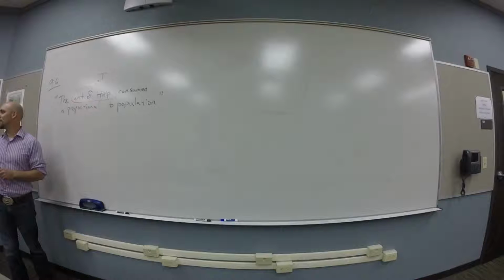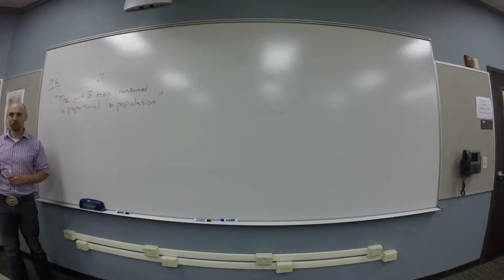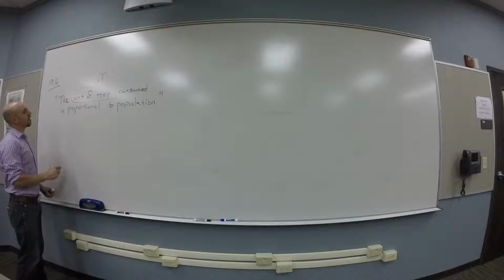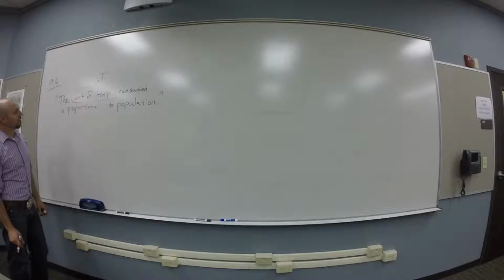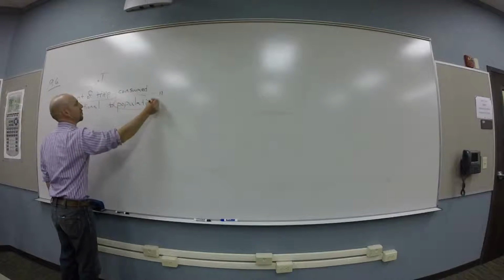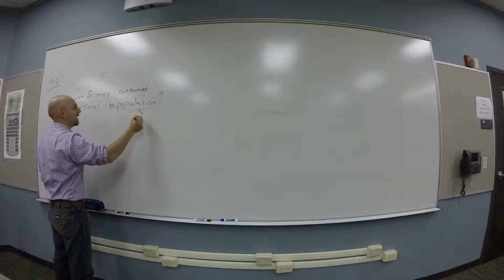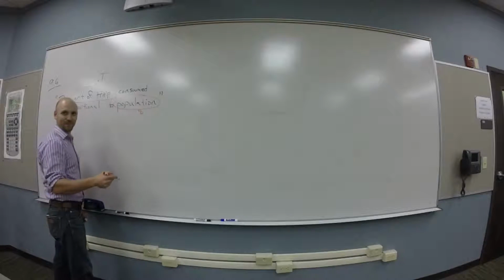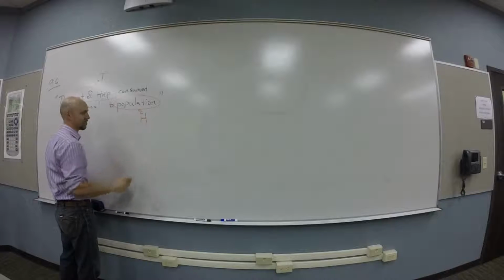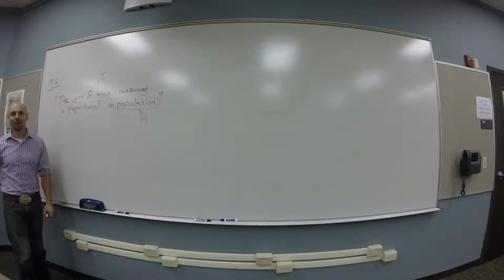I'm going to go for T to be boring, and I'm going to avoid C for cow because of the close paren, open paren, C issue. Population, what should we call population? H for humans? Sure, pick a letter, it doesn't really matter.